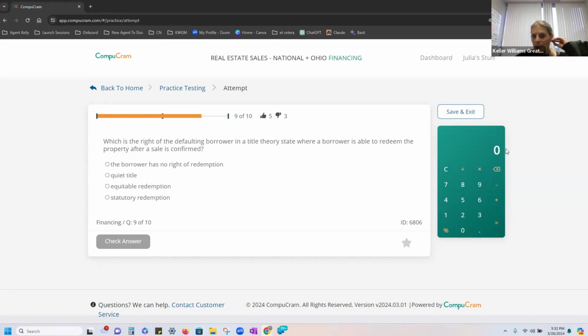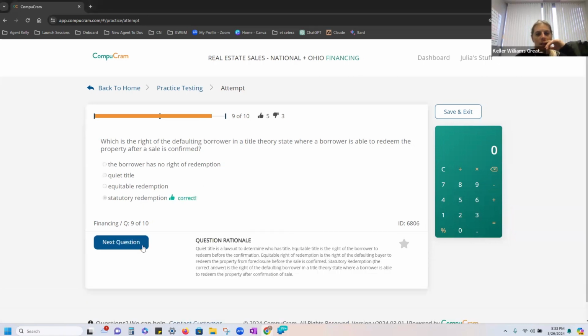Over there, D, over here, C. Let's see. So the correct answer is going to be D. And the only reason I knew that is from the previous answer.